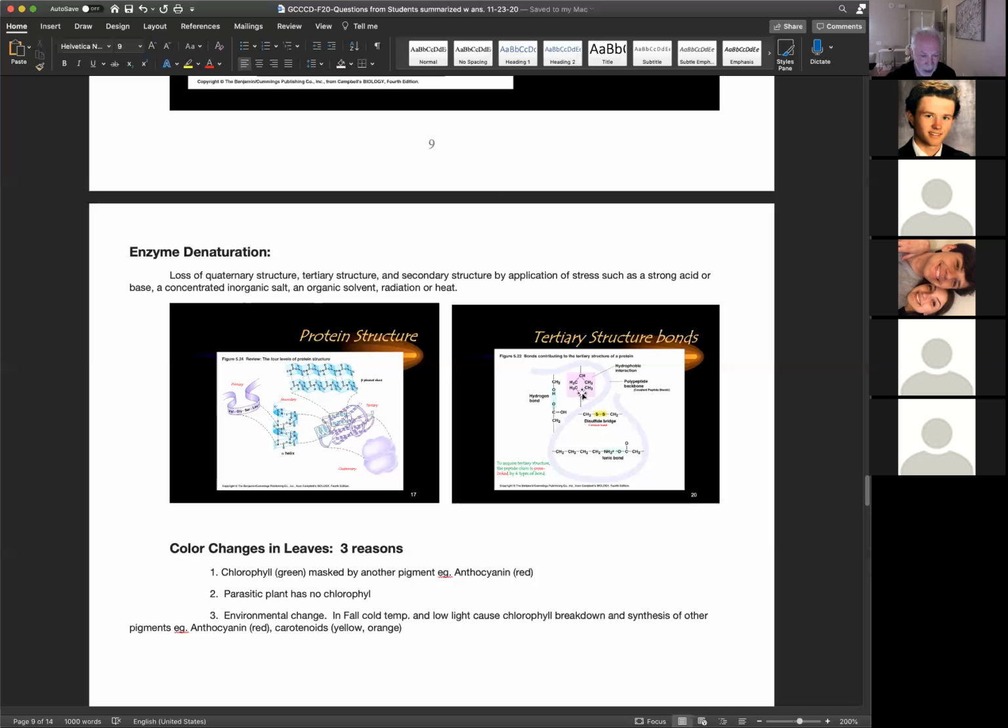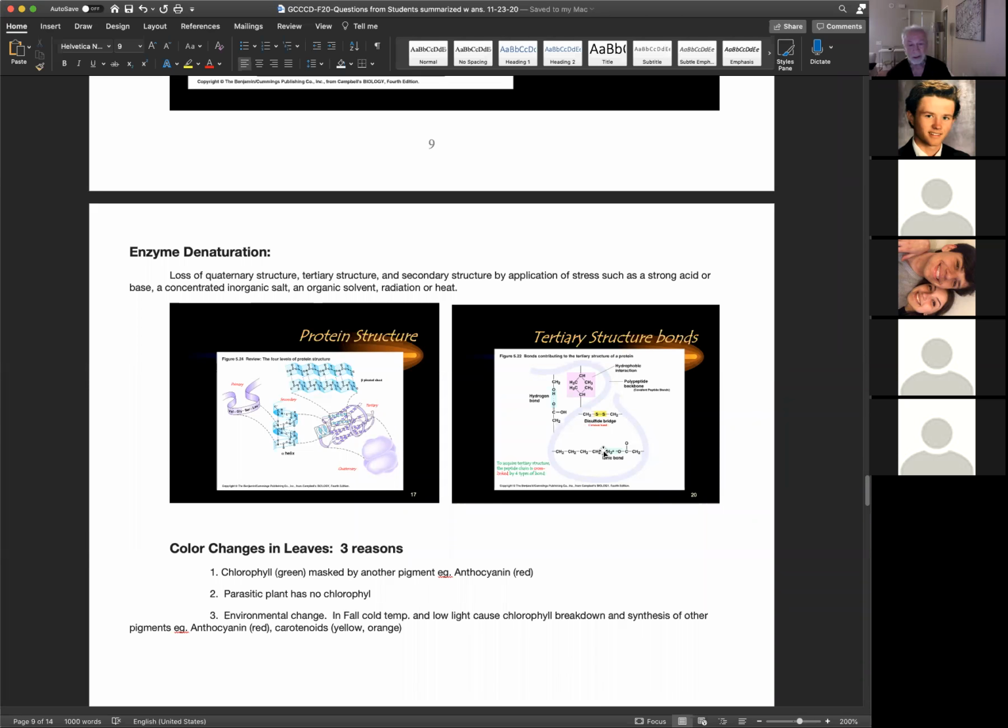You break these bonds. You remember, all of these bonds are weak except for disulfide bridge, which is strong. It's a covalent bond. But these other bonds are fragile. They're easily broken.